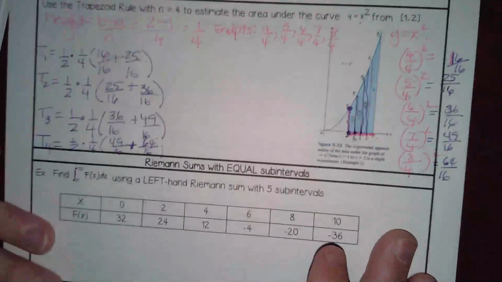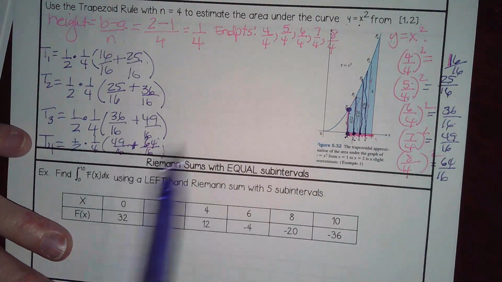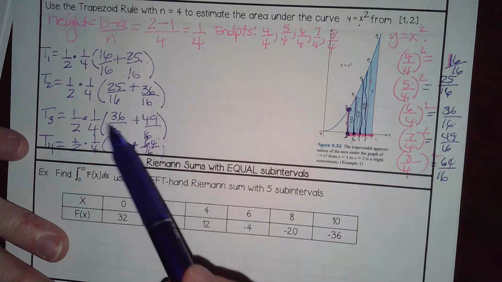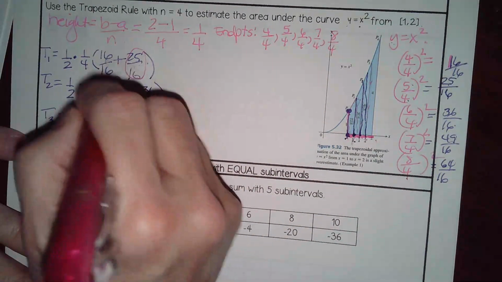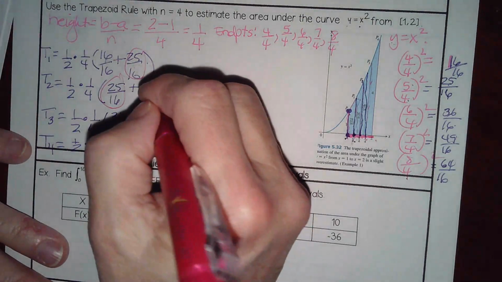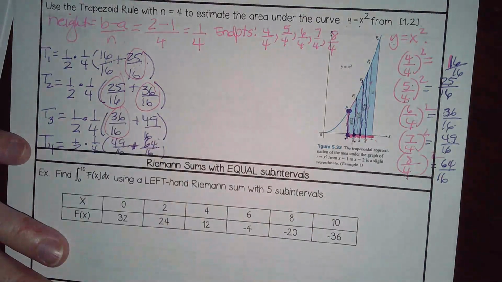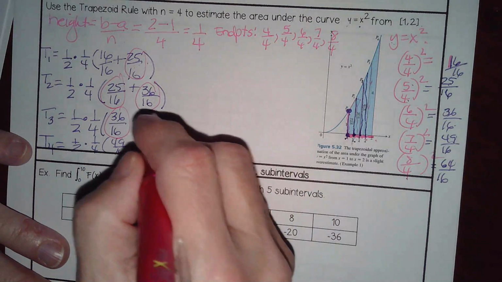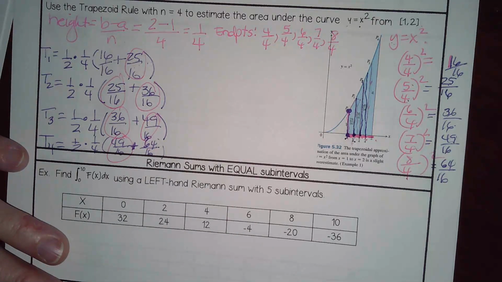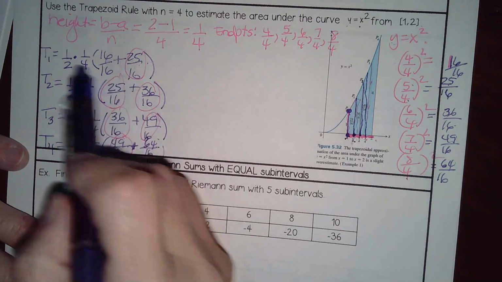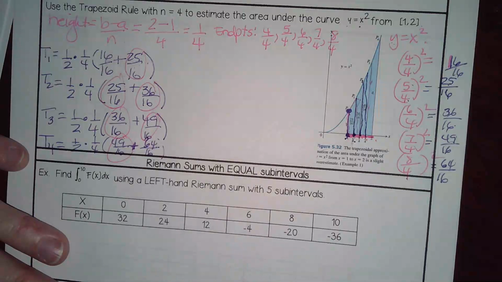Okay, so one thing I want you to look at in all of these, notice how the 25 over 16 repeats, and then 36 over 16 repeats, and 49 over 16 kind of repeats. And it's not so much that they repeat, it's more that each trapezoid is sharing a side.